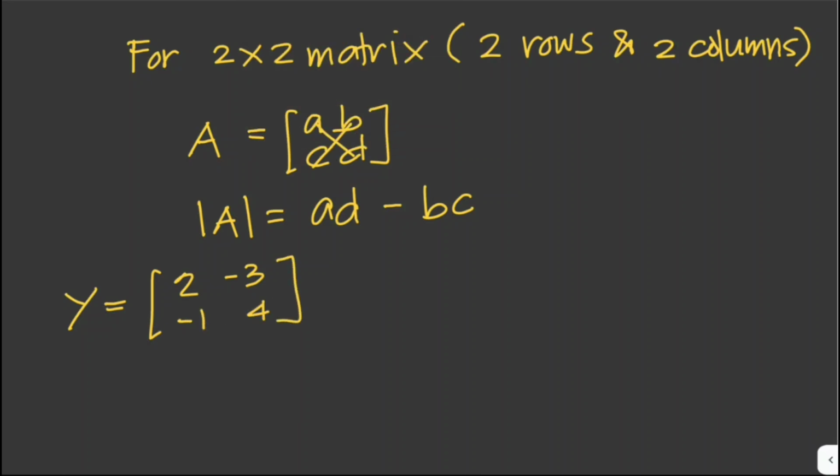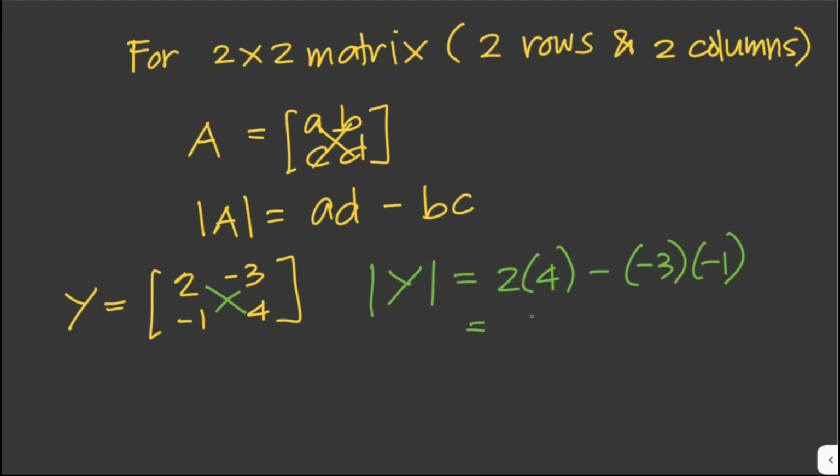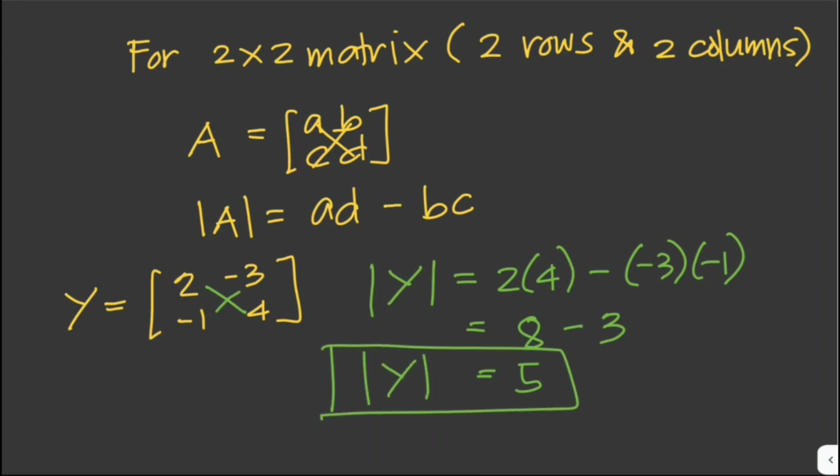Then we solve for the determinant of matrix Y. So this is just 2 times 4 minus negative 3 times negative 1. And 2 times 4 is just equal to 8. Minus negative 3 times negative 1 is positive 3. And this would give us an answer of 5. So that is the determinant for matrix Y.